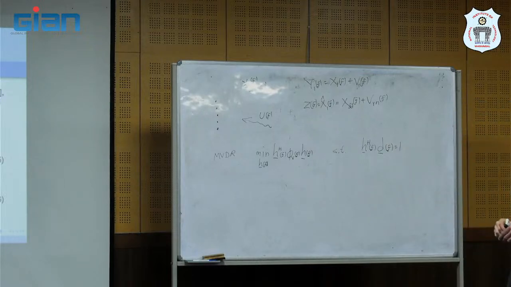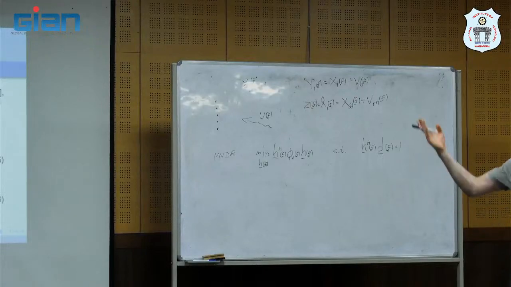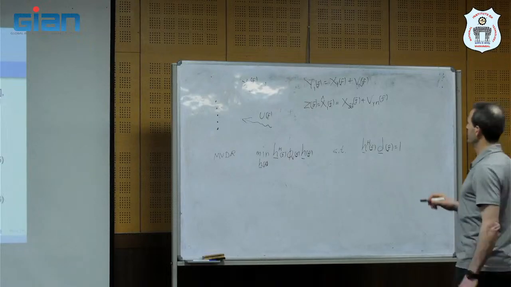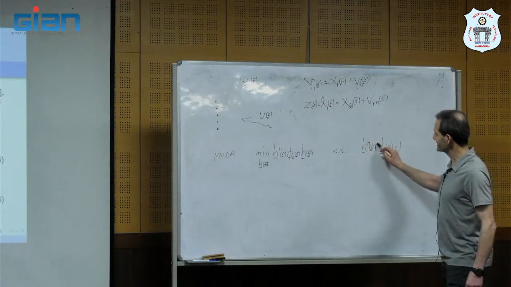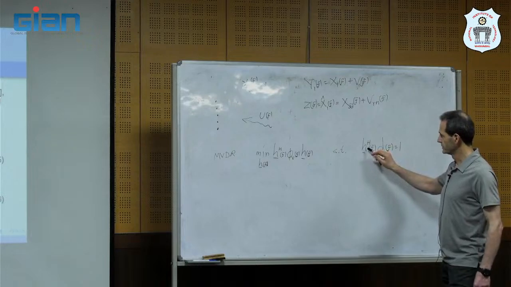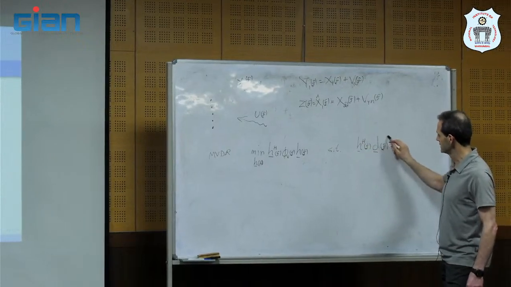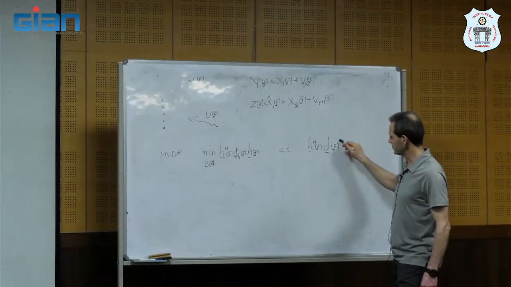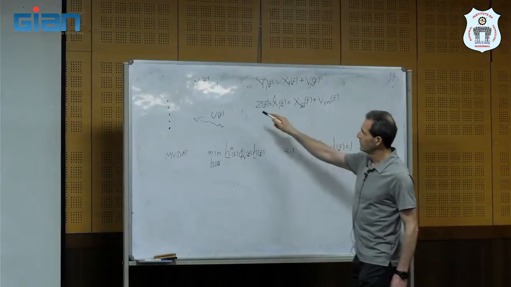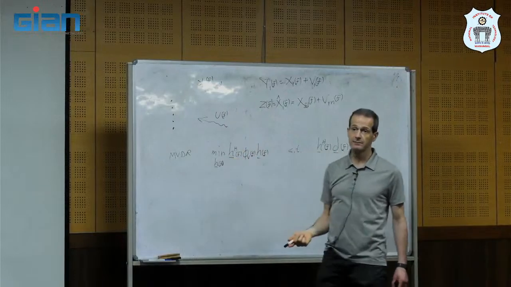Okay, so what do we do next? With MVDR, we derived the solution, as we showed. For the distortionless constraint, we use the propagation factor, or steering vector, for the desired signal.